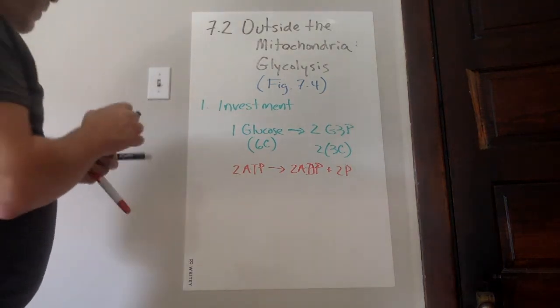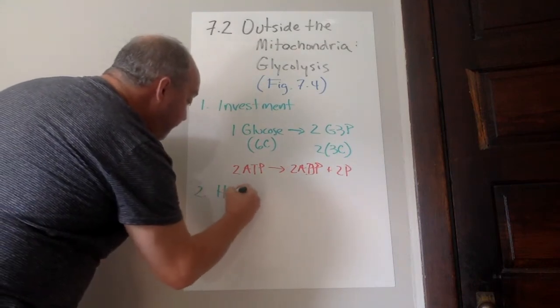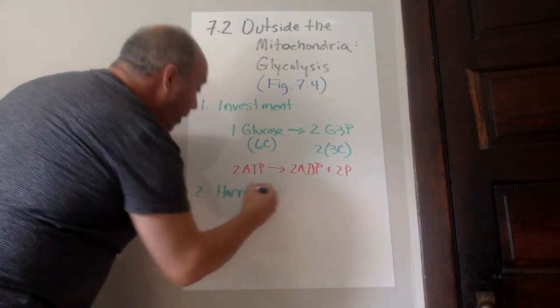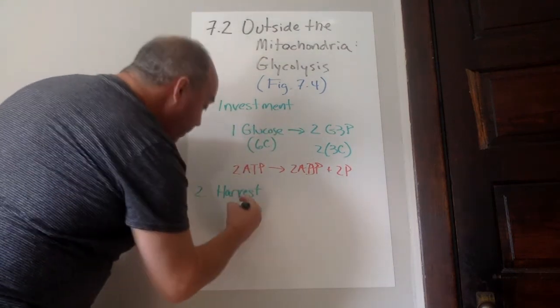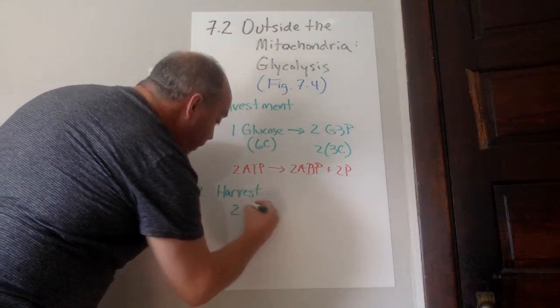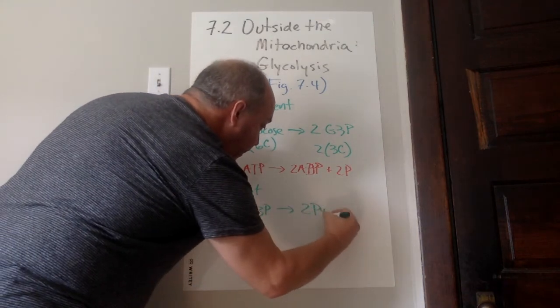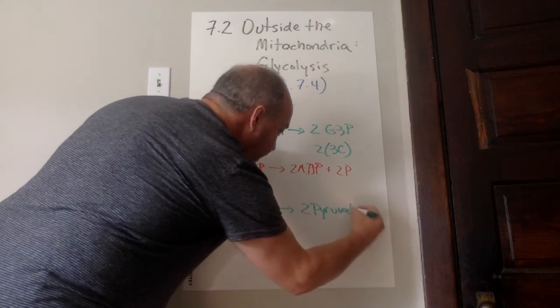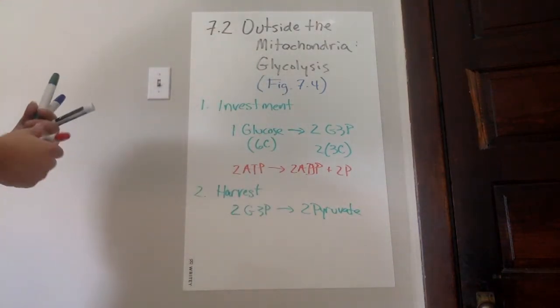And then during harvest, we complete glycolysis, and we start with those 2 G3P molecules, and they get converted into 2 pyruvate. And at the same time, we capture some energy.